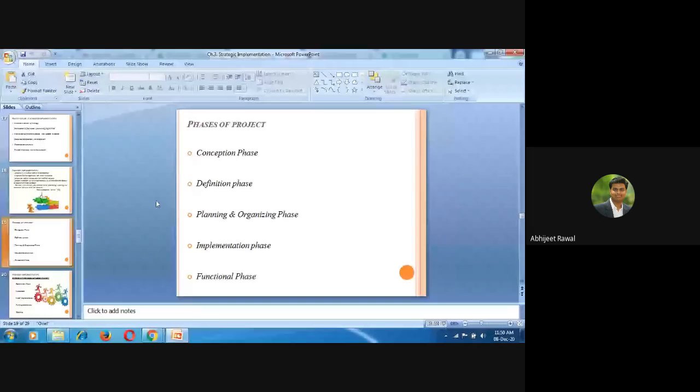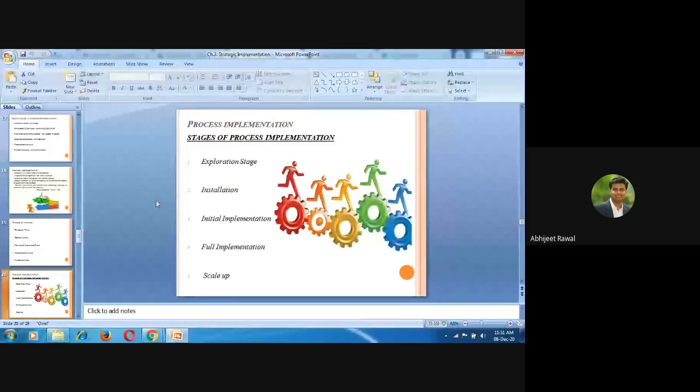Then you have stages of a process implementation. You need to have a process. First you have an exploration process. In the exploration process you need to identify, should we go with this process, or should we go with the project or no. ये स्टेज पे आप इसको स्टडी करोगे, आप इसको एक्सप्लोर करोगे.